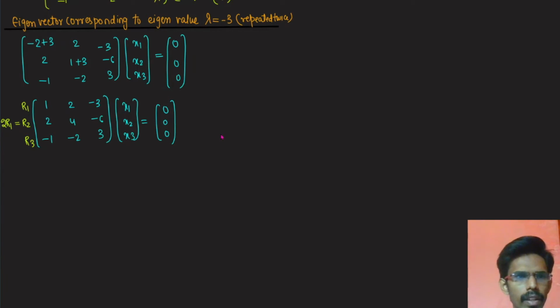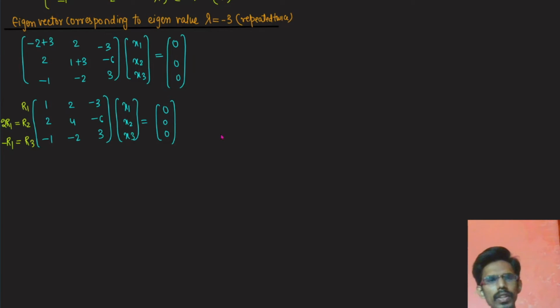If I multiply 2 to the first row, I'll get the second row. Similarly, carefully observe the third row is nothing but minus 1 times R1. If I multiply minus 1 to the first row, I'll get the third row. So all these rows are similar, they have a common factor.